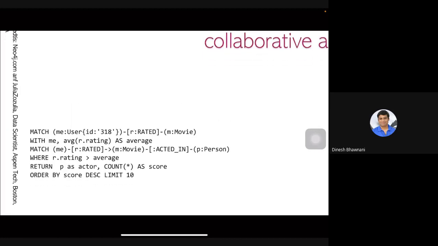So what we are trying to find is actors, where to look for them. So user liked movies.